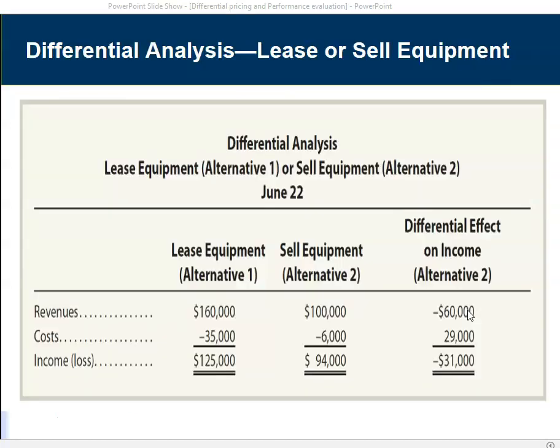So when we look at these two choices, we have the leasing option here. We get $160,000 in revenues minus the $35,000 in costs. We would net $125,000. The sell option, we're going to have revenues of $100,000 and costs of $6,000. That's in the commissions, $94,000.